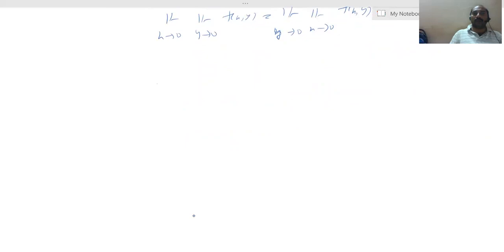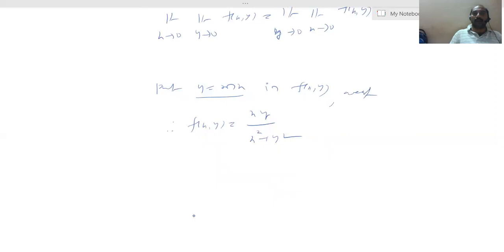Next step, put y equal to mx. Therefore, f of x comma y is xy by x square plus y square. This is the function. Put y equal to mx in f of x comma y.